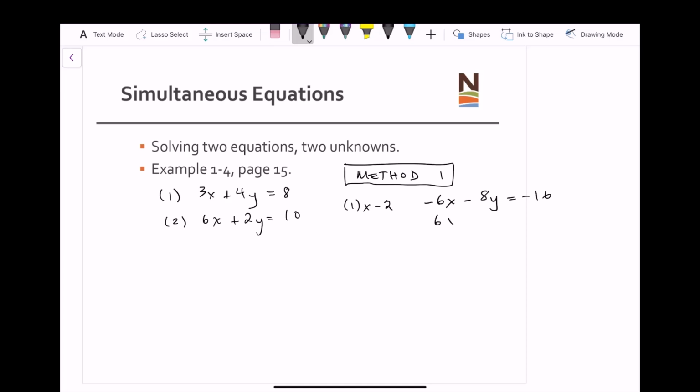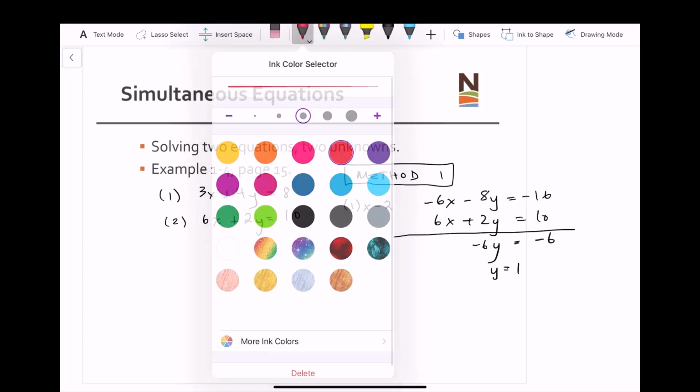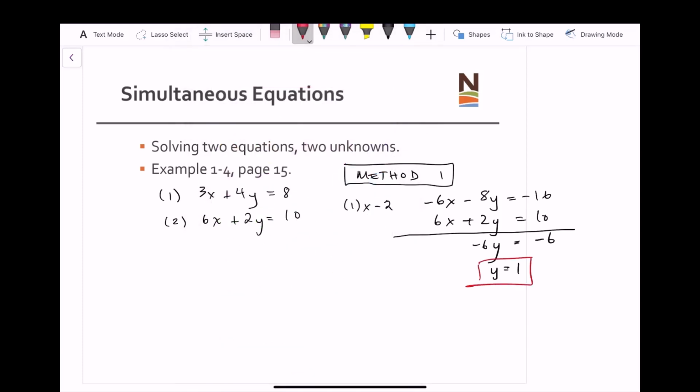Then we simply add that to equation 2, which is, again, 6x plus 2y equal to 10. So when we add these up, we get -6y, and of course 0x. So if we divide each side of the equation by -6, we end up with y equal to 1. So that solves our first unknown.